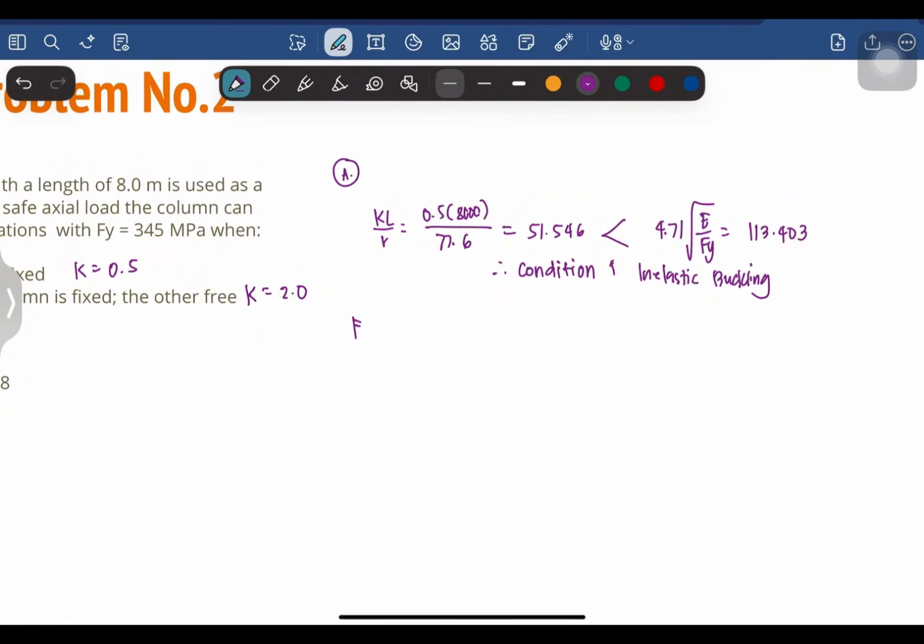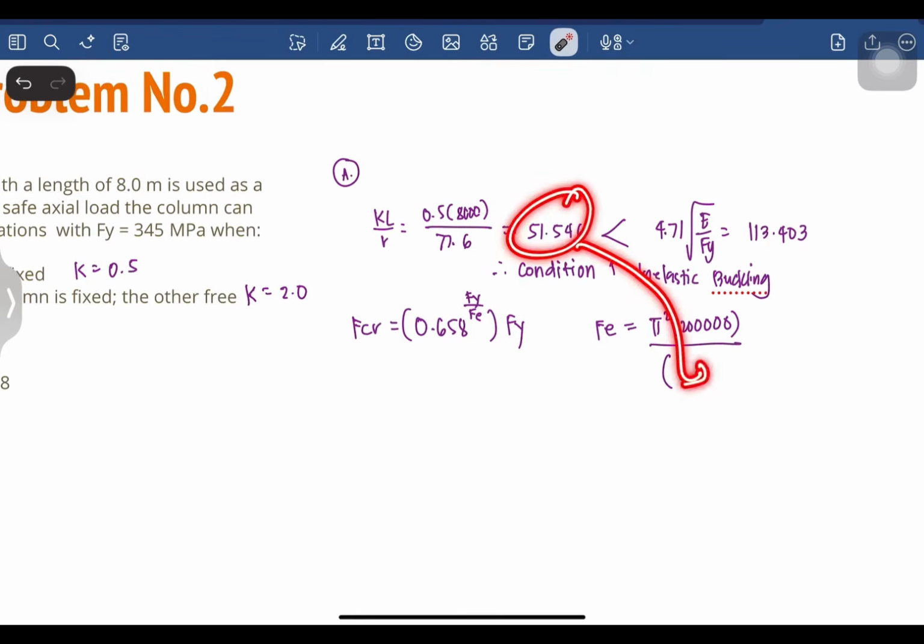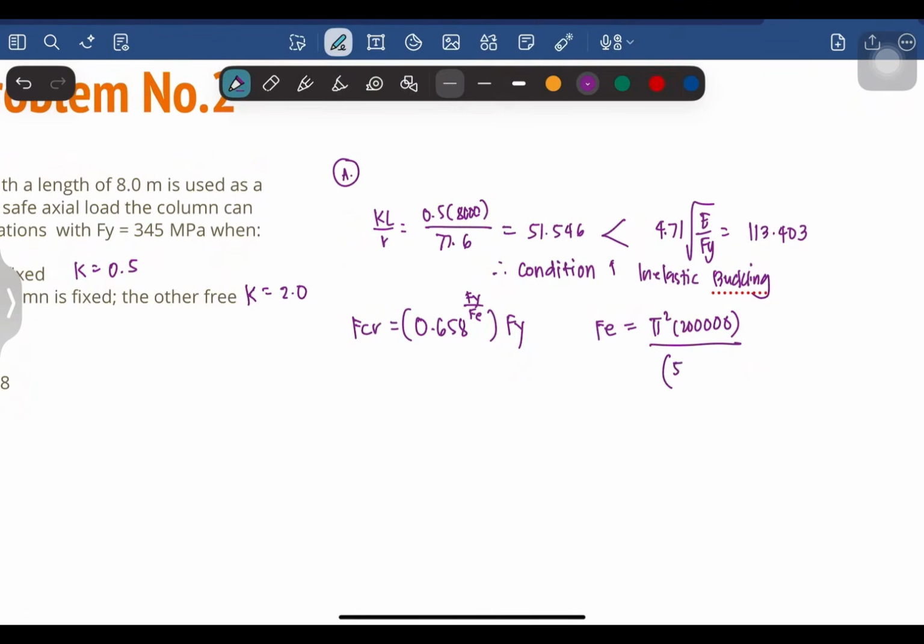So we have to use Fcr is equal to 0.658 raised to Fy over Fe, times Fy. Solve first the Fe, pi squared times 200,000 over KL over r squared. So ito yung solve natin dito. 51.546 squared.